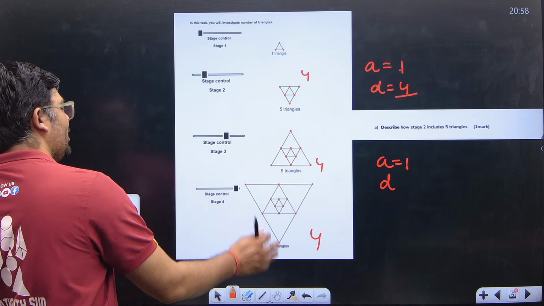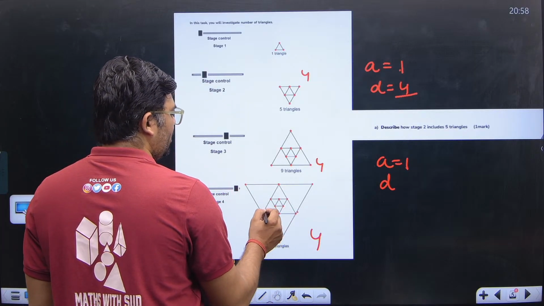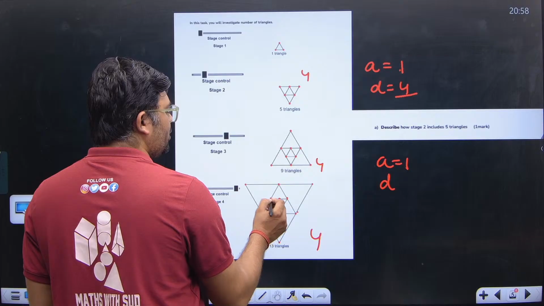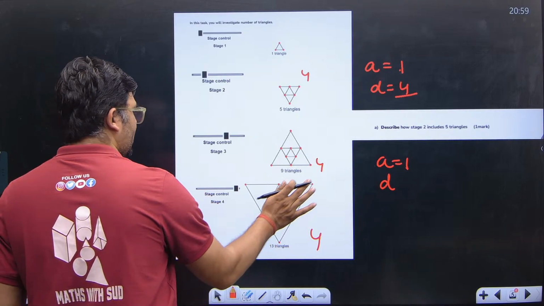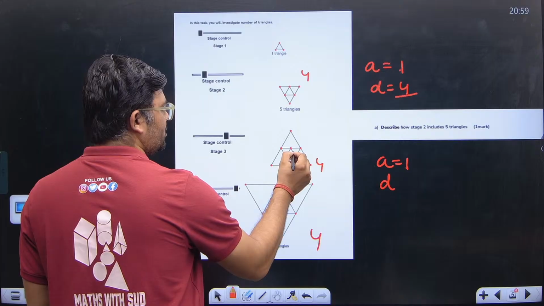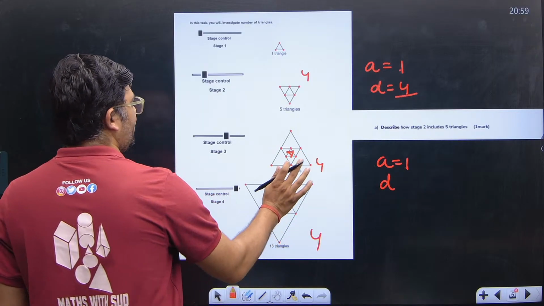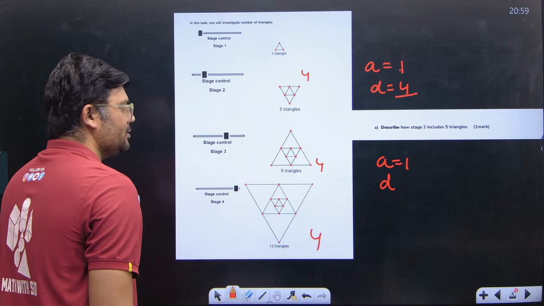So every pattern is made by joining the midpoints of the sides of the innermost triangle. Every time you are getting 4 more triangles. Are you getting it?